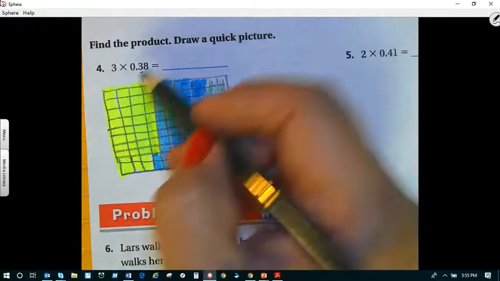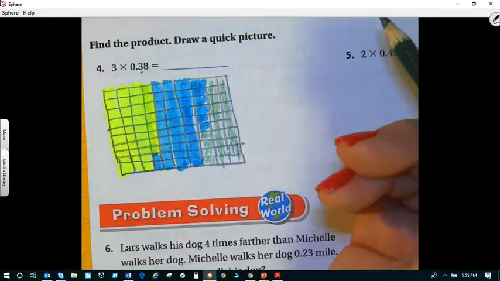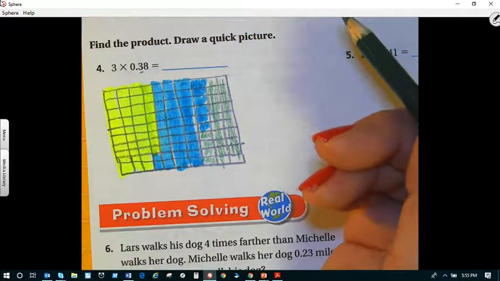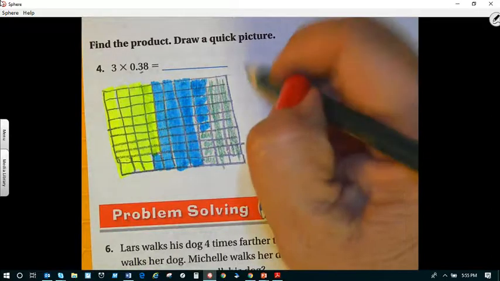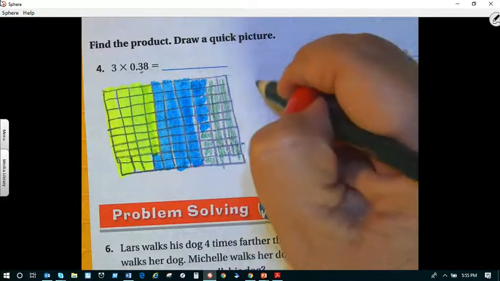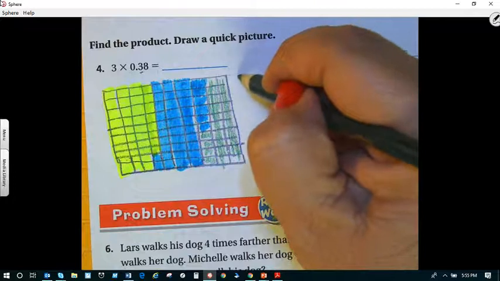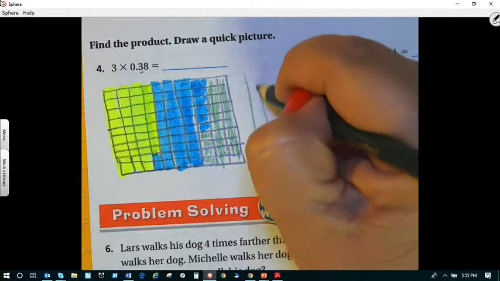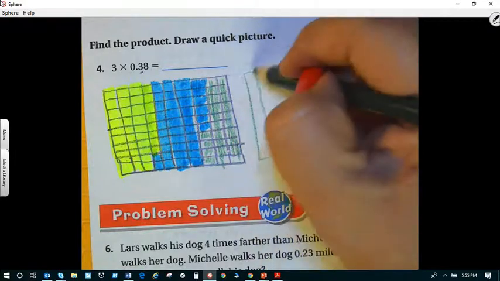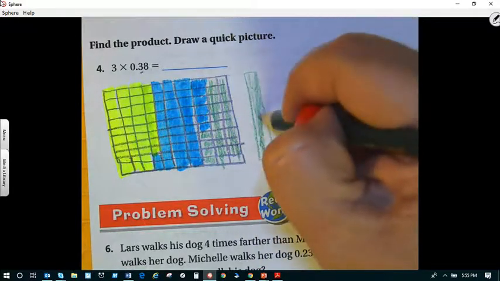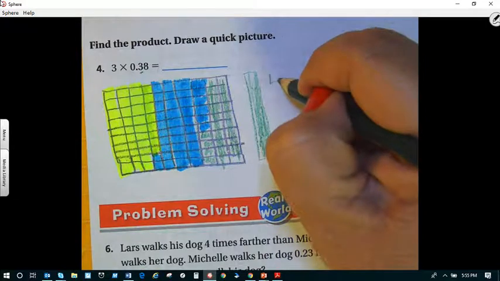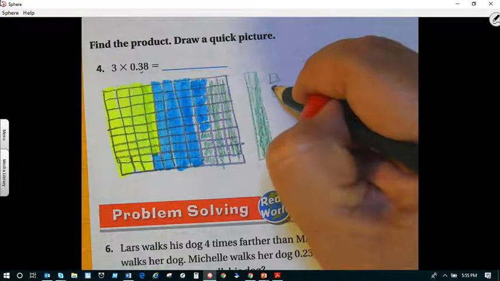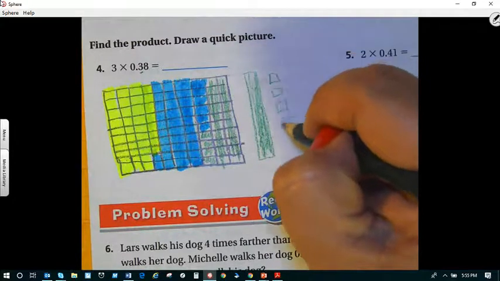So that leaves me with still 14 more to go. So I have 24. So I'm going to add in another rod. It's 24, that's 34, 35, 36, 37, and 38.